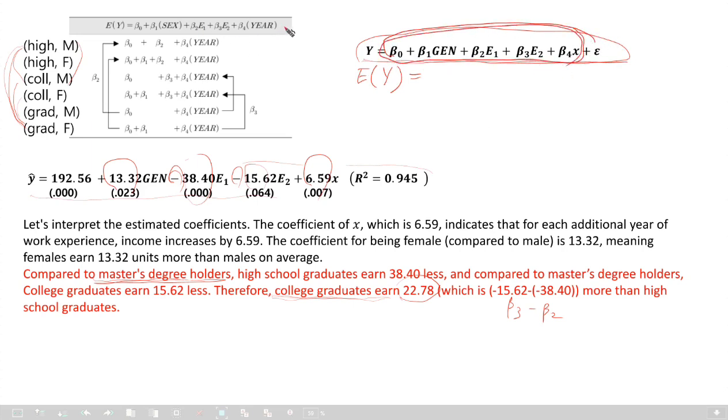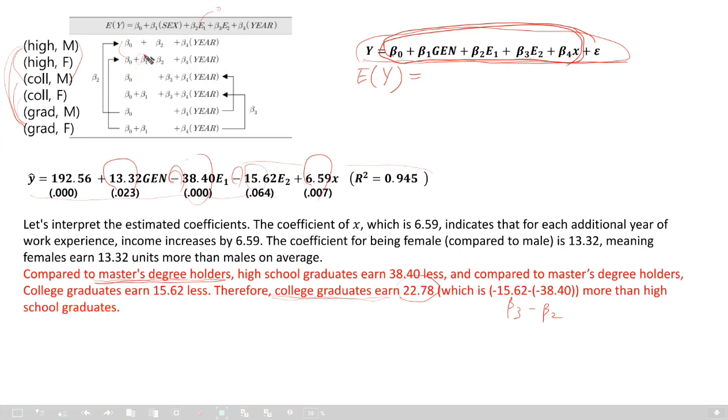For high school and female: beta 0, beta 1, beta 2 times E1, and beta 4 times X. For a high school male, the value of beta 1 is 0, so the difference is beta 1.